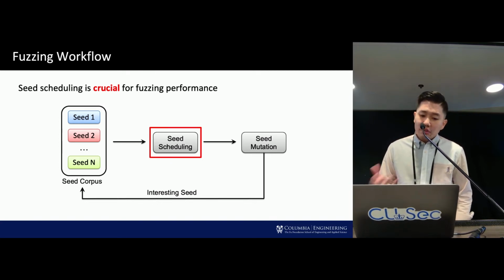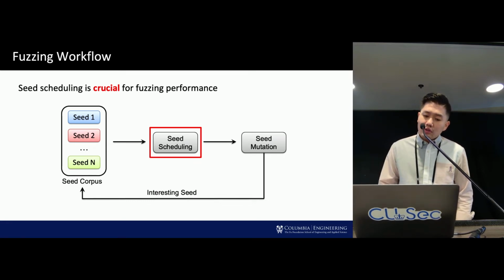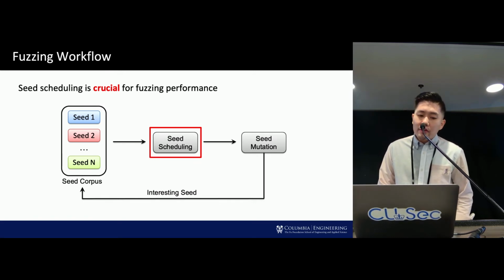Then we have a seed scheduling module. It will choose an optimal seed. Then the fuzzer will generate a large number of mutations to see if any interesting seeds have been found. In this process, a critical component is seed scheduling because it can greatly affect fuzzing performance.